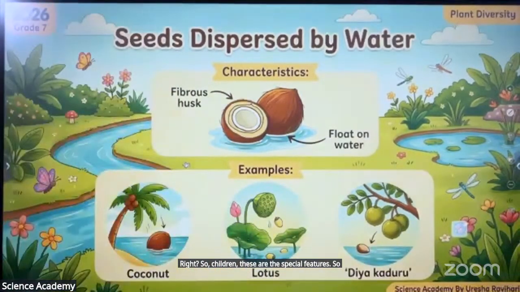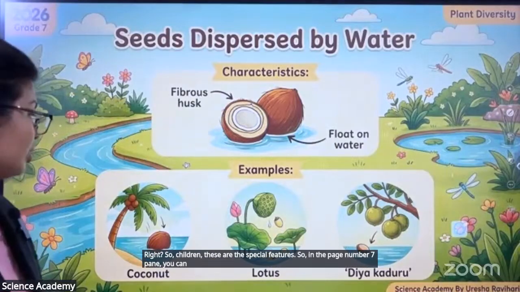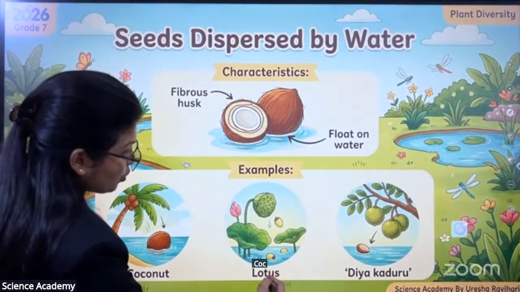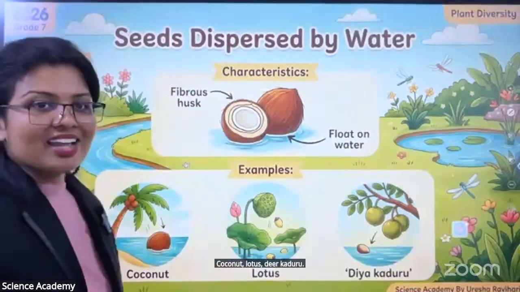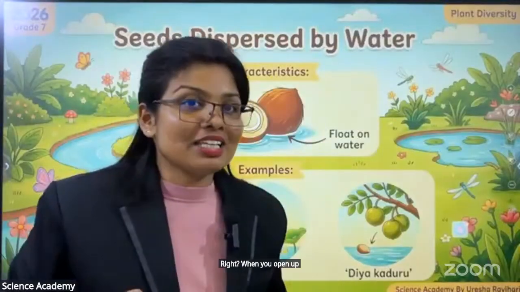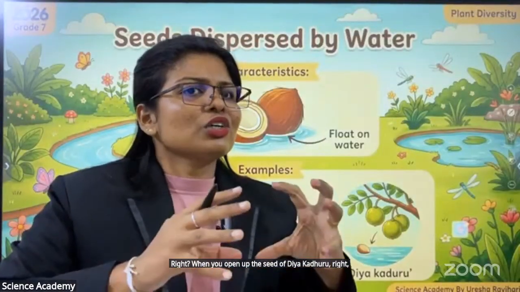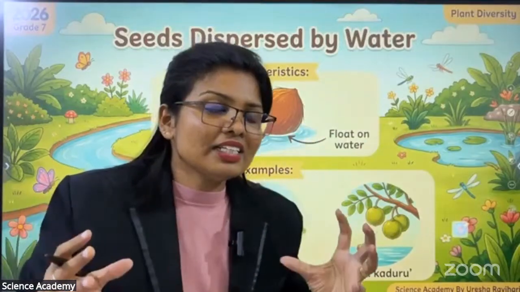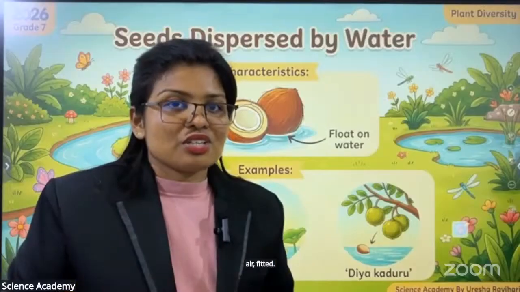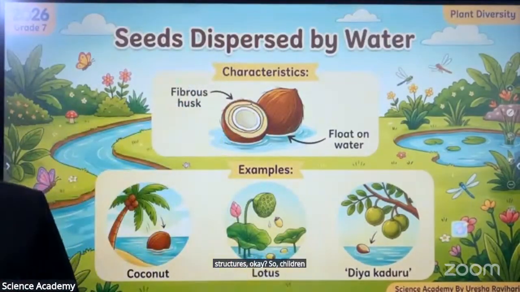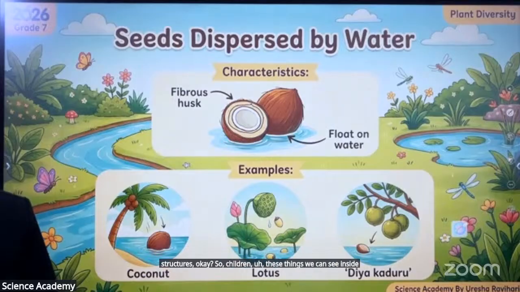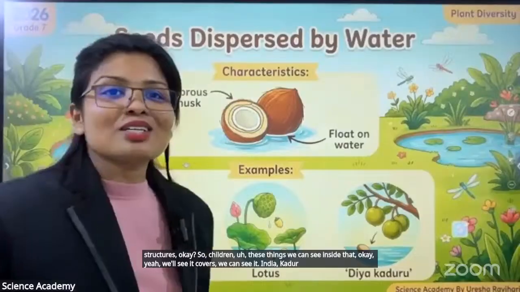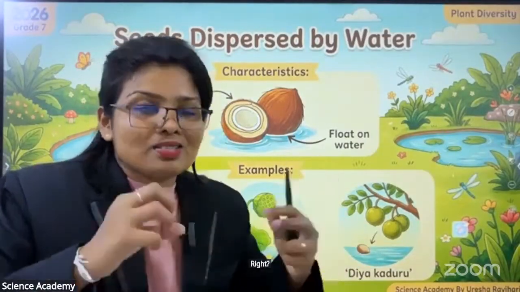So in page number 17, you can write down the examples: coconut, lotus, Kaduru. When you open up the seed of Kaduru, you can also see air-filled structures inside. Air-filled seed covers we can see in Kaduru and lotus also, very porous inside.